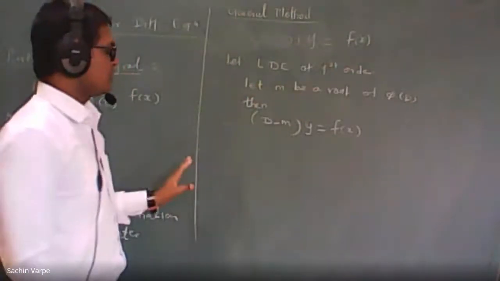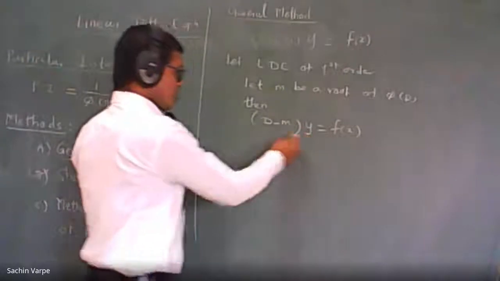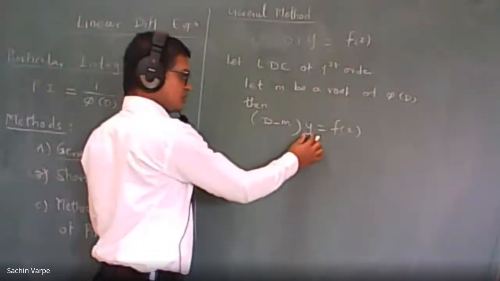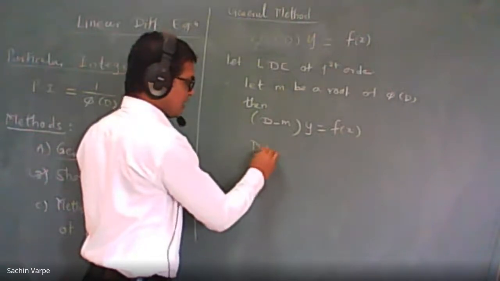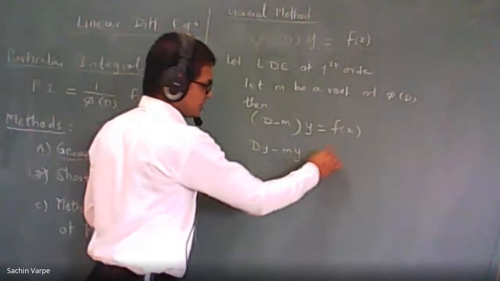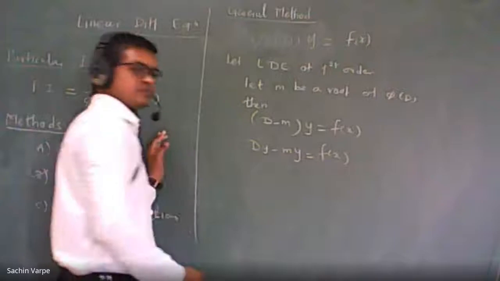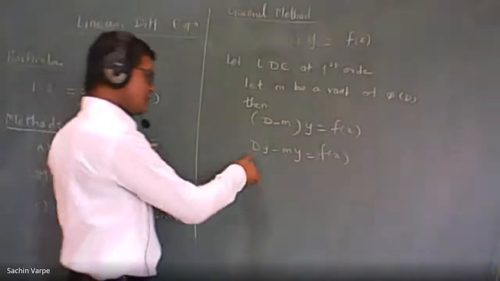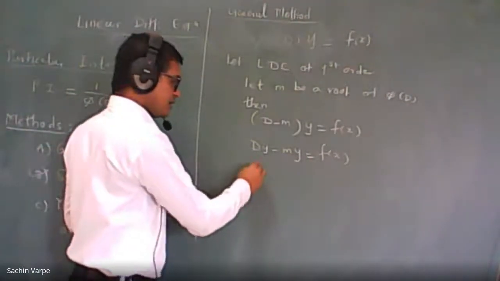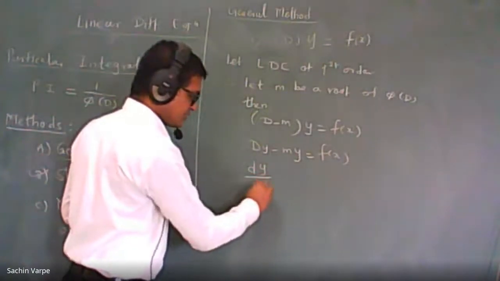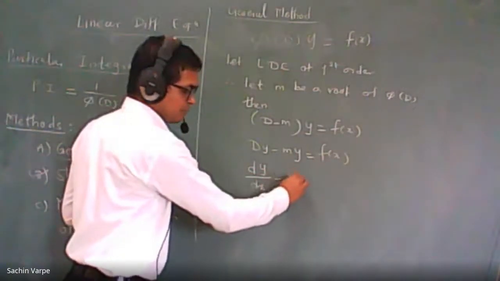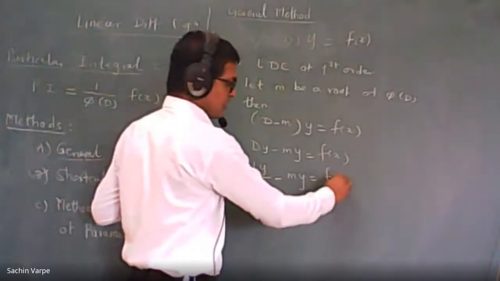Now let us operate this operator onto the dependent variable y, like Dy minus my is equal to f of x. But D is nothing but the differential operator, that is d by dx. So d by dx of y, that is dy by dx minus my is equal to f of x.